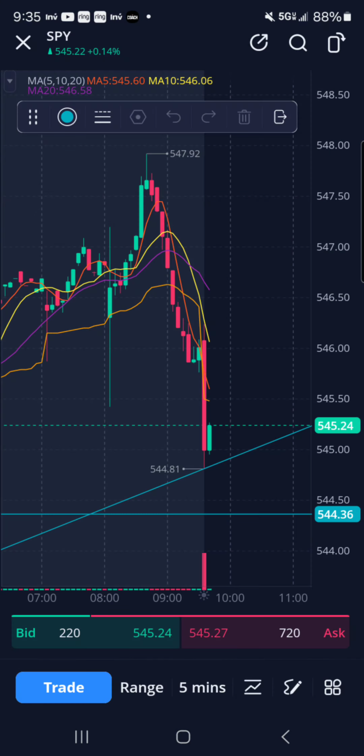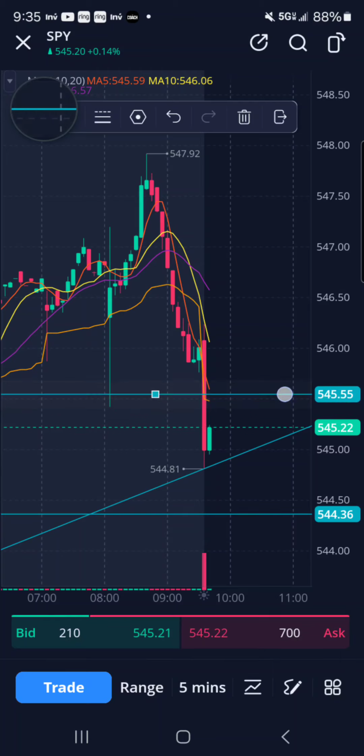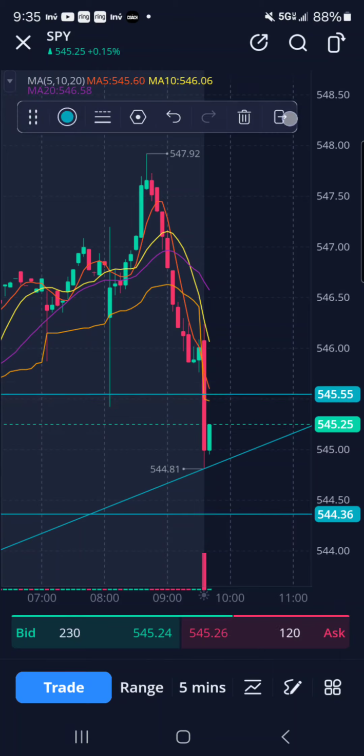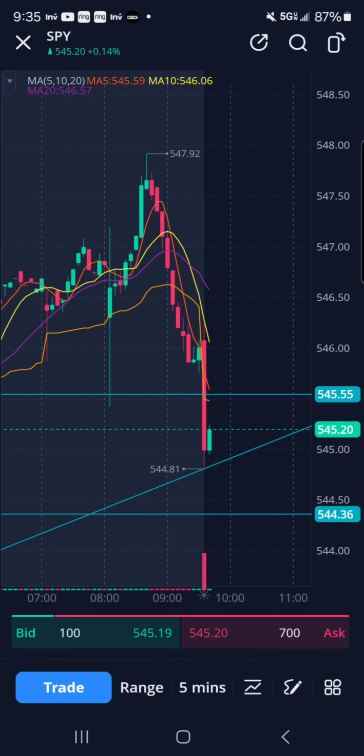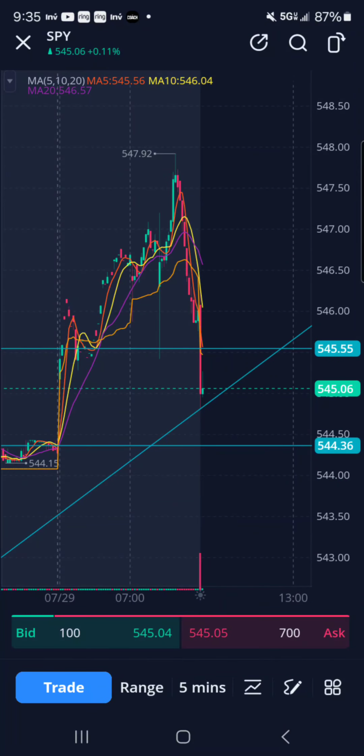What I want to see right now is if we're going to reject these moving averages. So if I'm looking to go long, I want to get in above 545. If I'm looking to go short, I want to get in below 544.